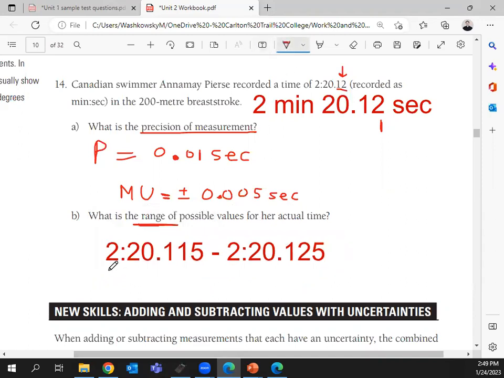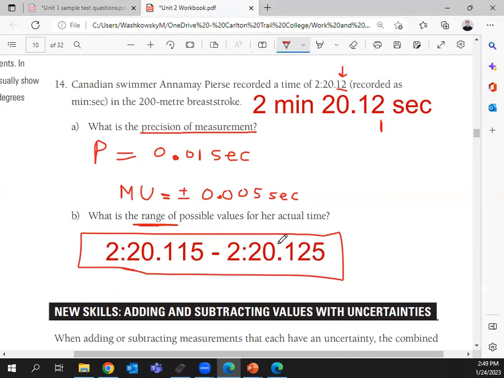So her actual time was somewhere between 2 minutes, 20 seconds and this many milliseconds. They don't know exactly when she crossed that finish line because they can only measure it up to 0.01 seconds.